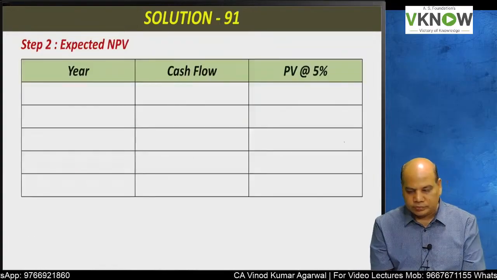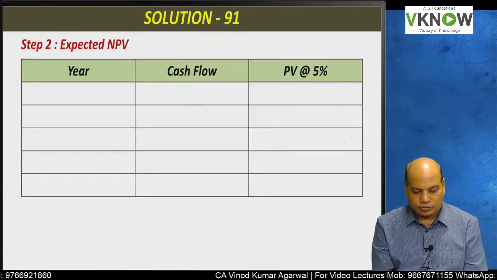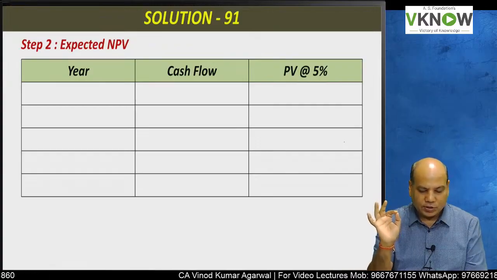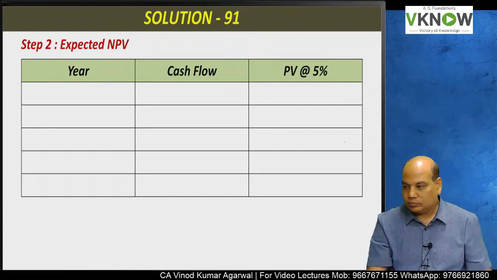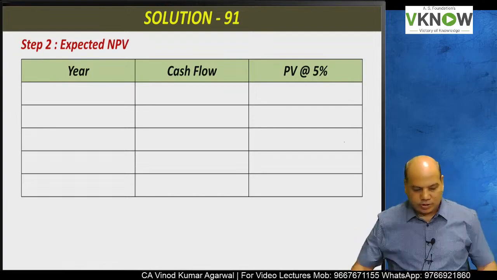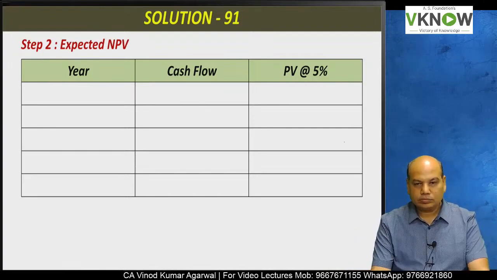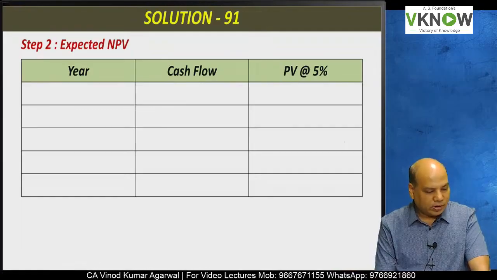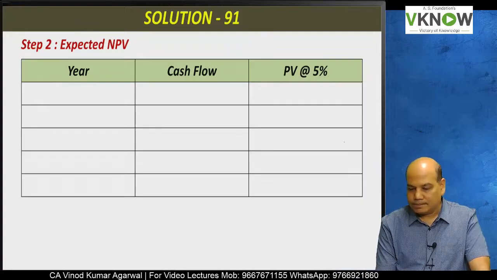Now write down our step 2. Step 1 is in the book only, to save time. Step 2, expected NPV: year, cash flow, present value at the rate of 5%.